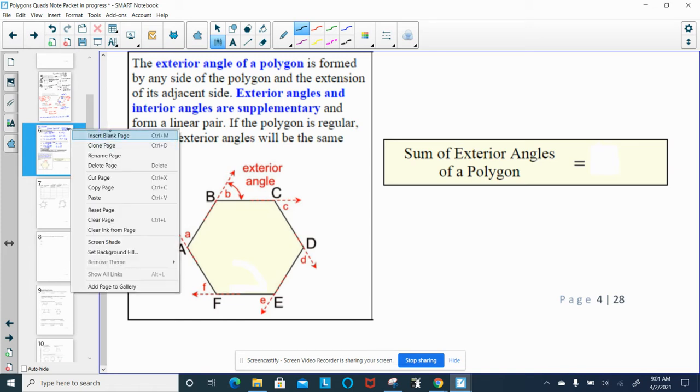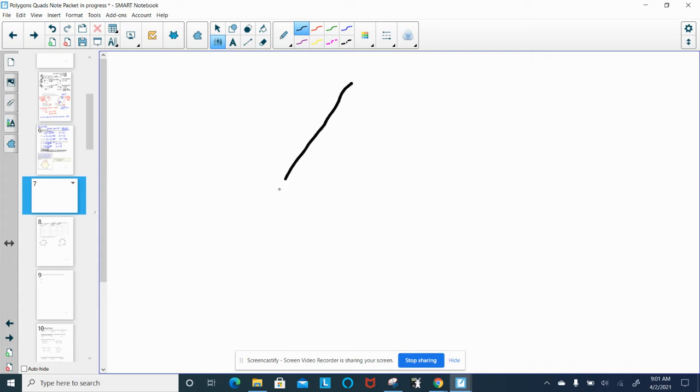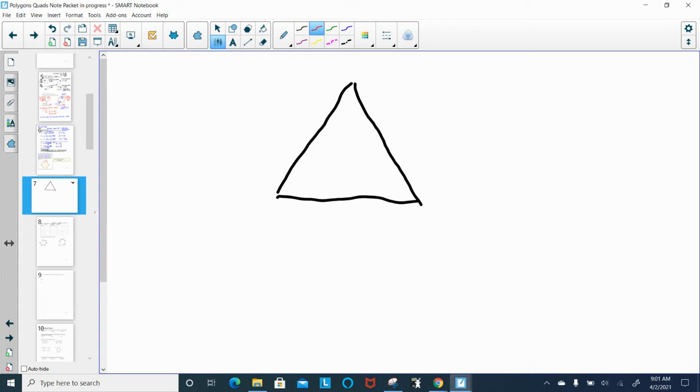Okay, so let me show you what I mean. I'm going to show you a blank slide. This is not in your packet. I'm just going to take a triangle and I'm going to show you how they did that. Like if I were to come along a side, okay, that's the side, but if I were to keep on going, that would be the exterior angle. Now, where is that exterior angle? I mean, we keep calling it exterior, but what does it really look like?